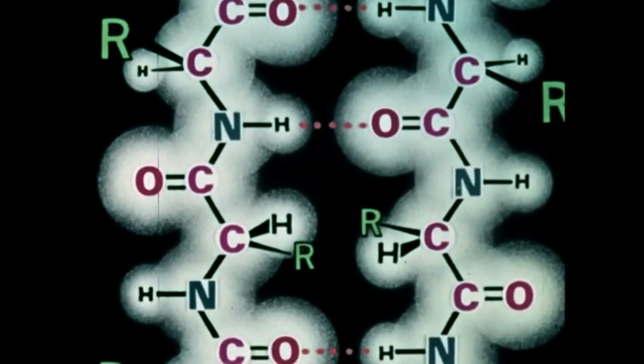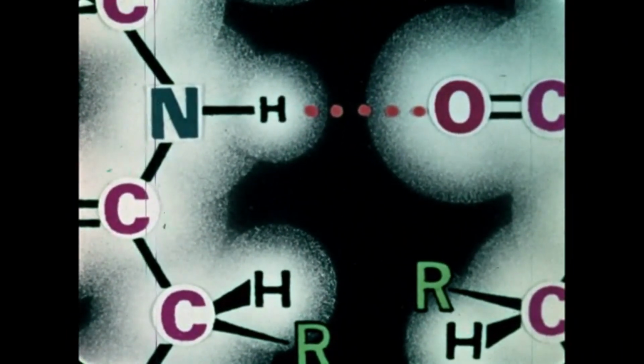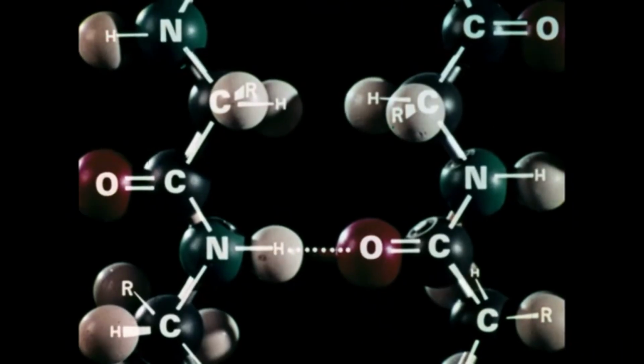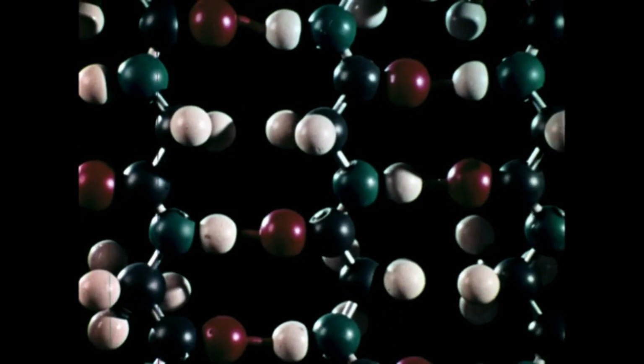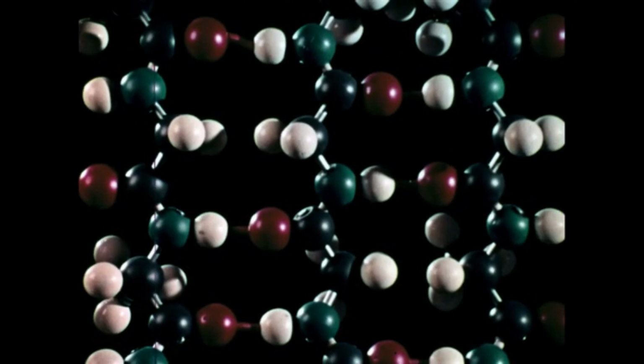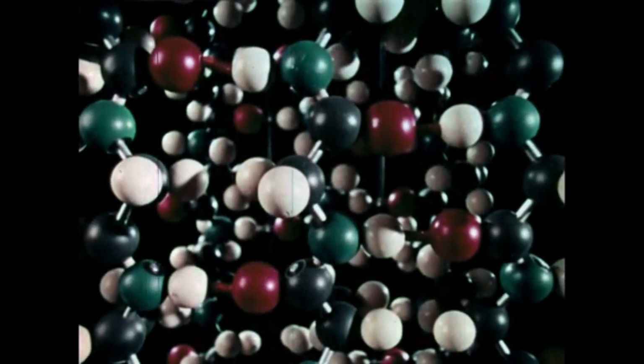There are two common structural formations in proteins that are caused by hydrogen bonding. Two or more protein polymers may be cross-linked in a sheet known as a beta sheet. The structure of silk consists of layers of beta sheets.